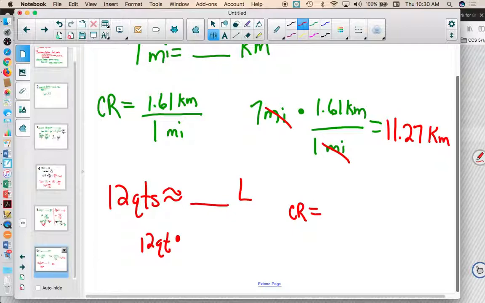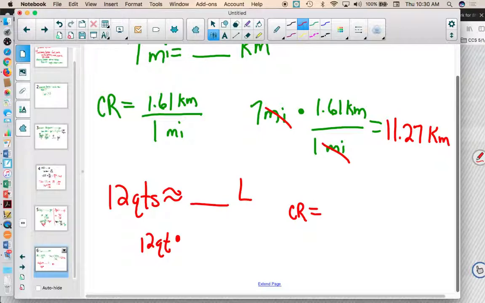So 1 quart equals 9,500 liters? Is that what you're telling me? Read it. 1 quart is 95 hundredths of a liter. Okay?